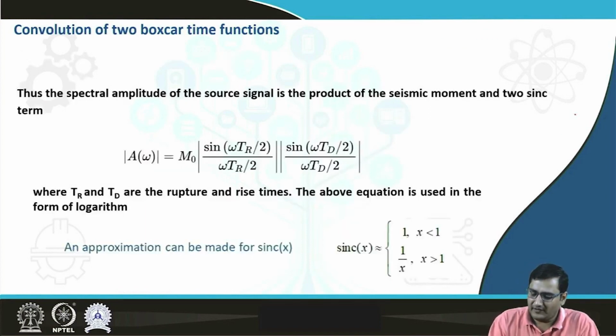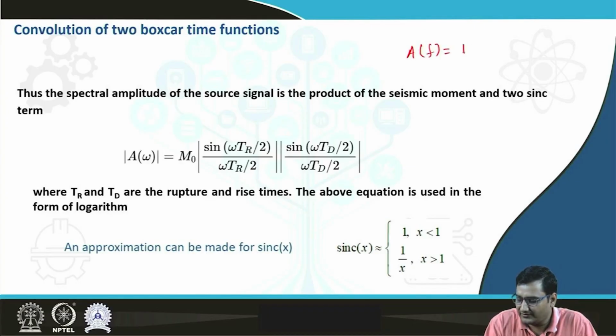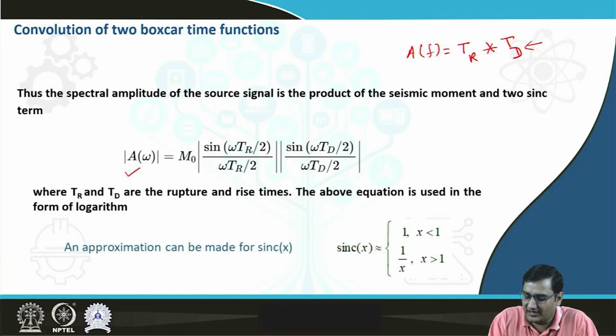As I told you, this source time function A is TR, that is the rise time, convolved with TD, that is the rupture time. This is in the time domain. When you convert it into the spectrum, you can simply multiply them, and that becomes A omega equal to M naught, sine omega TR by 2 over omega TR by 2, times sine omega TD by 2 over omega TD by 2.